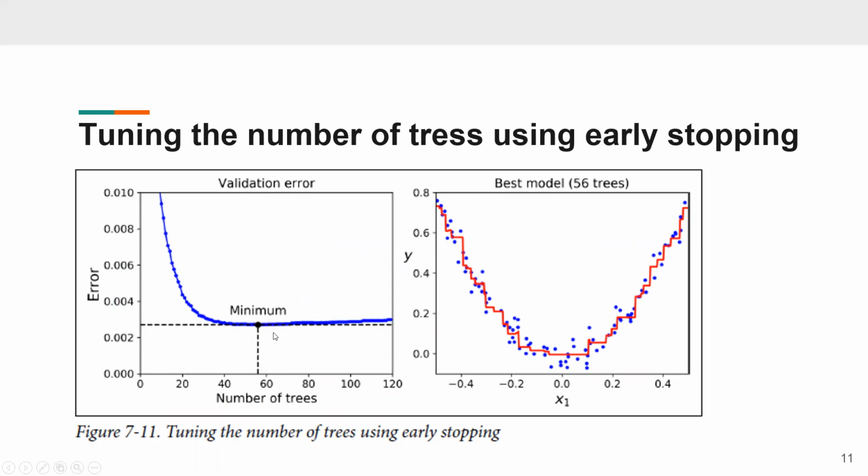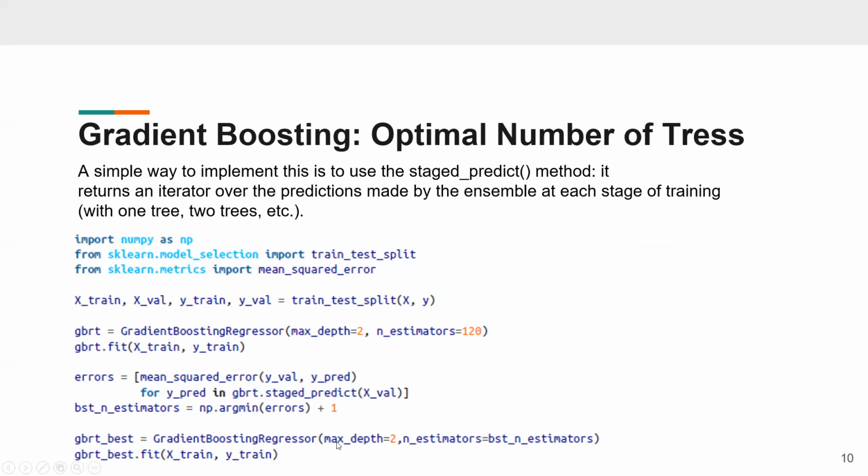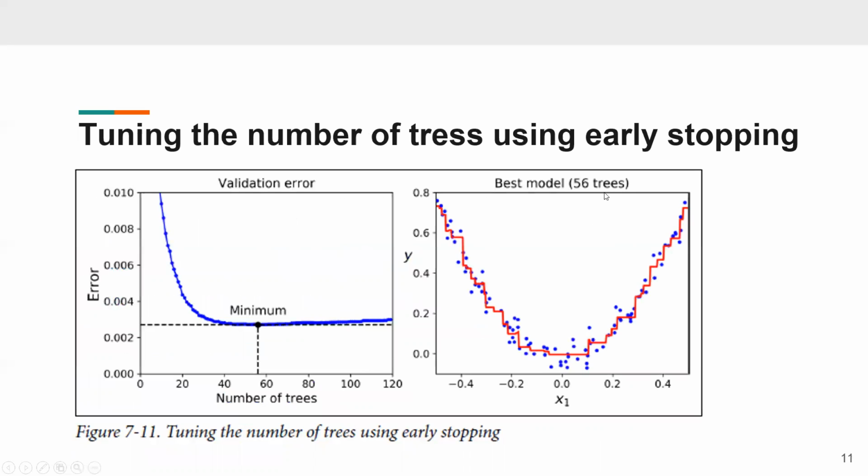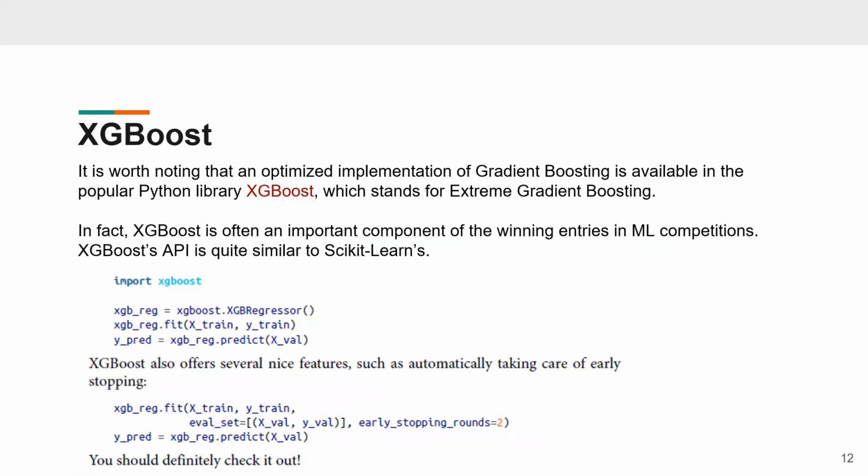And then you use that 56 in the second stage and run the best model. The best model turns out to be 56 trees, and then the prediction looks like this for this particular case. That's the gradient boosting algorithm in scikit-learn.